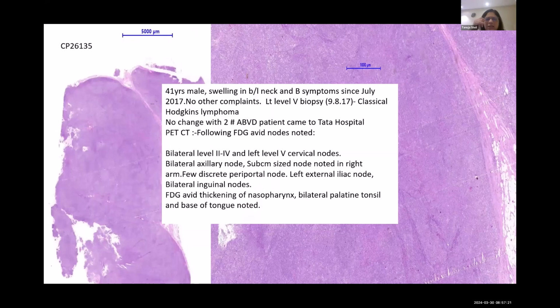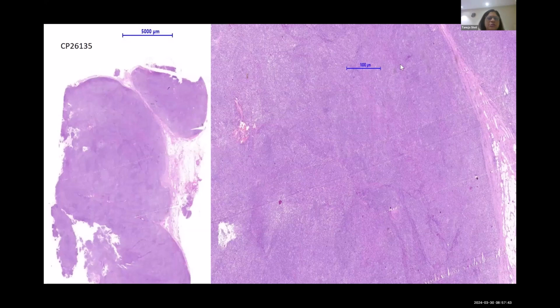Now, this is another case, and you see that this person had been treated as Hodgkin's, received two cycles of ABVD, but he had lots of residual disease, and he had Waldeyer's ring involvement, which is unusual in an adult with Hodgkin's lymphoma. In children, you do get it, but in an adult, it's unusual. So when you go on the higher power, you see this nodular kind of pattern.